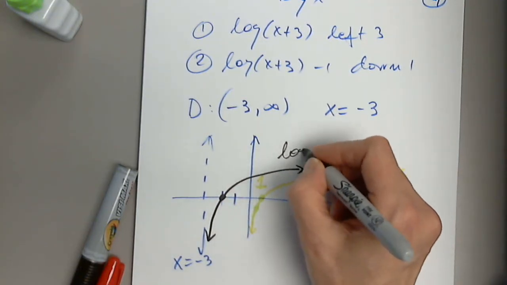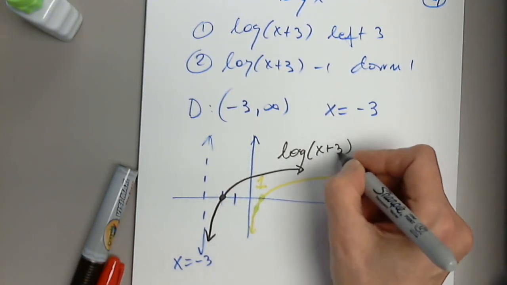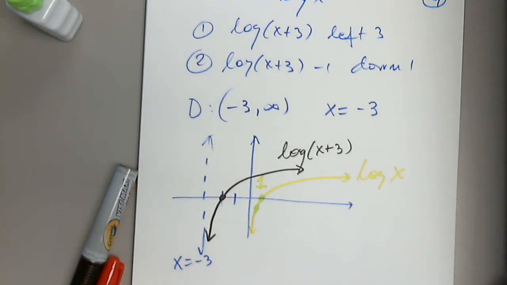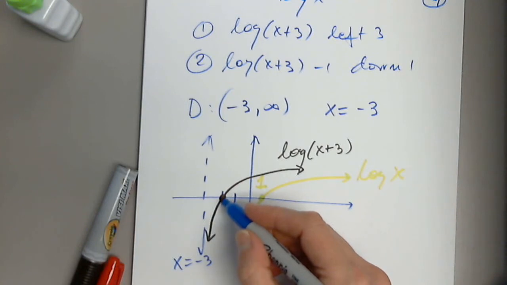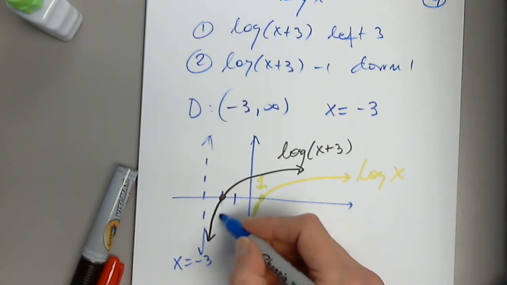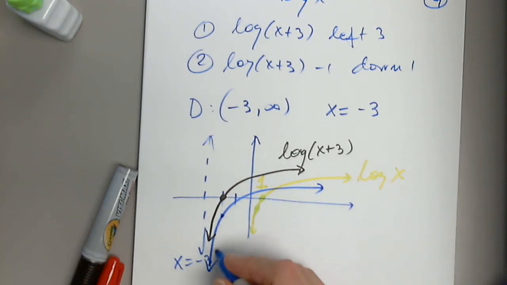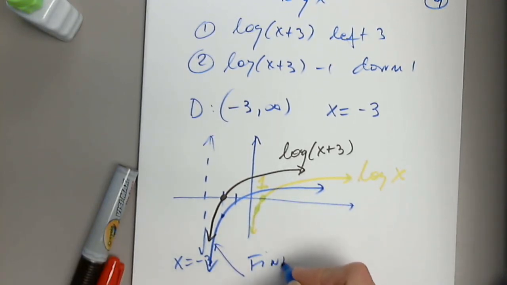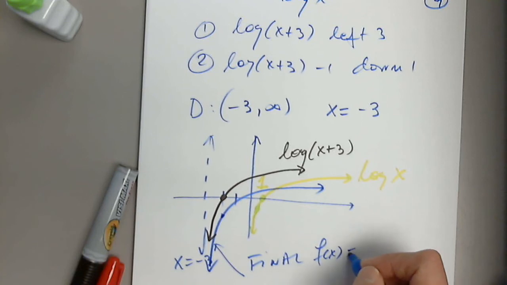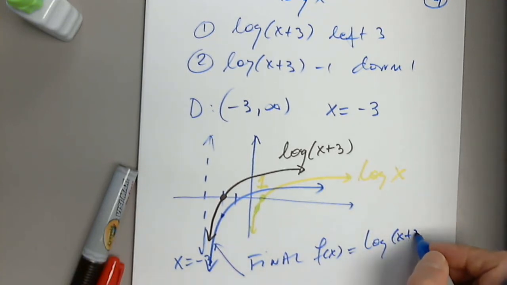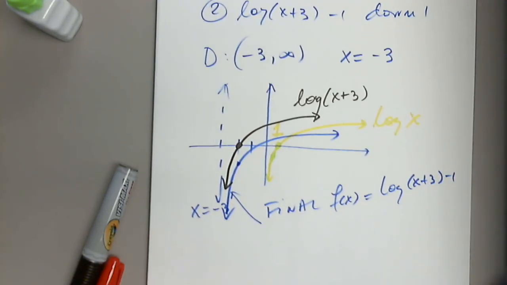So this is log x plus 3. And then you said, go down 1. Down 1. So where does this point go? Right here. So this is the final f of x, log x plus 3 minus 1. Well done.